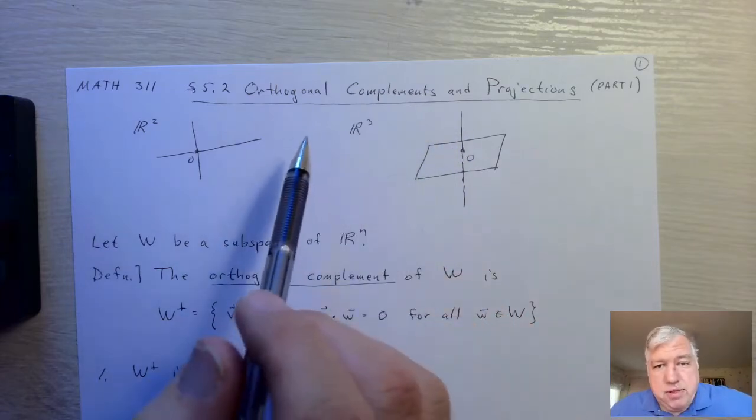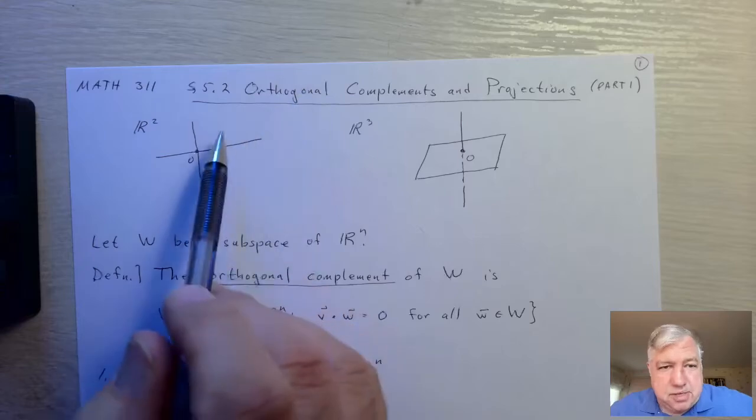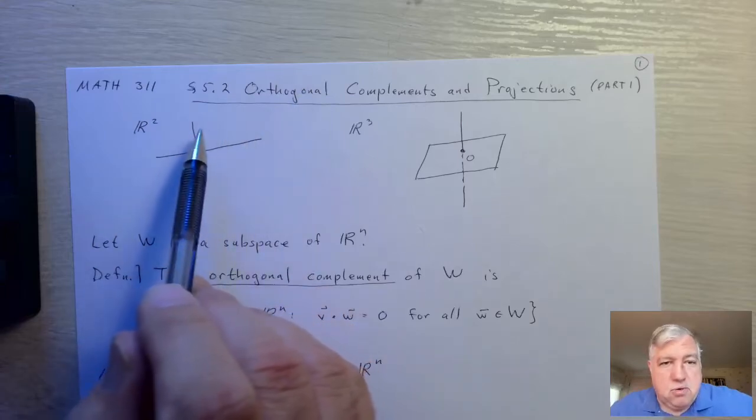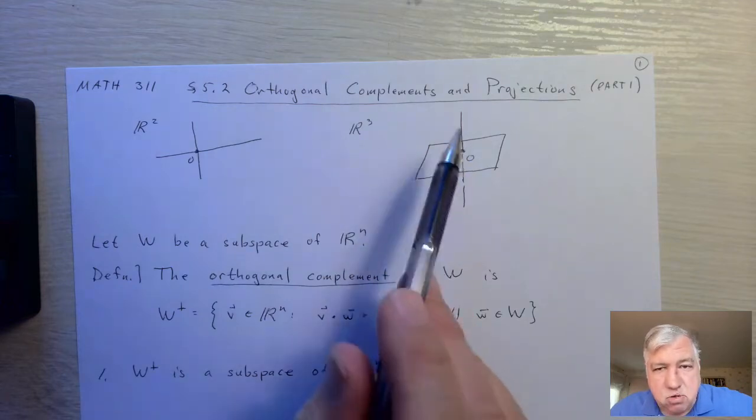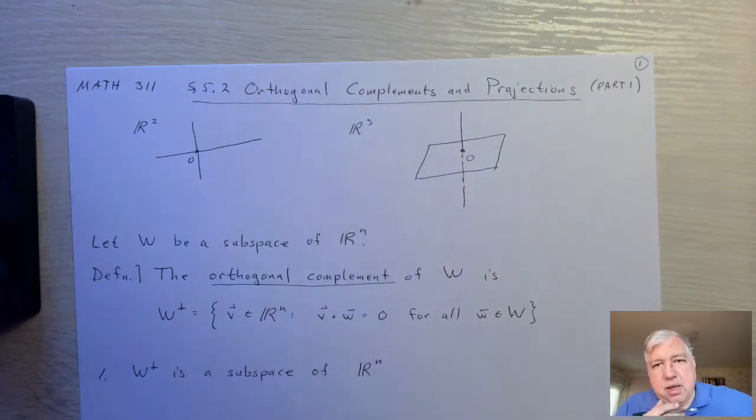What we're actually saying is that these two lines in R2 are orthogonal complements of each other, and here this plane and this line are orthogonal complements to each other.